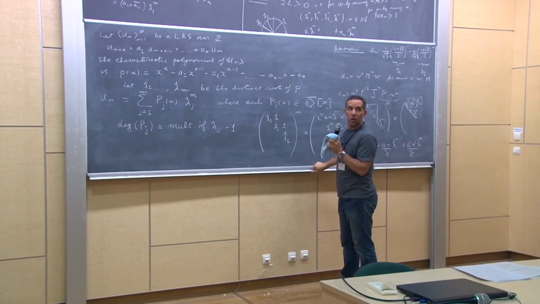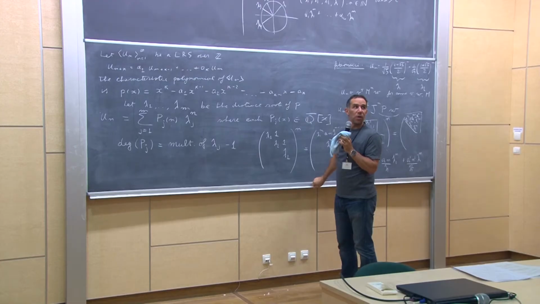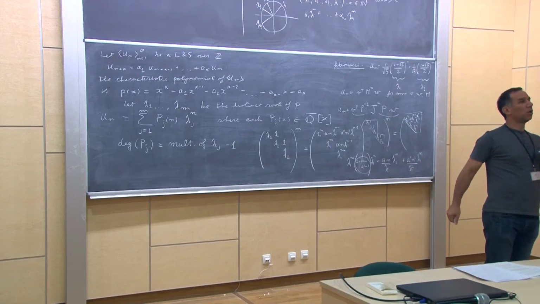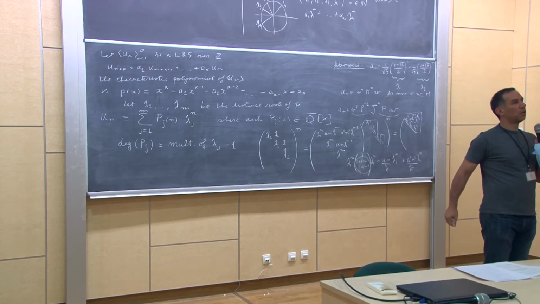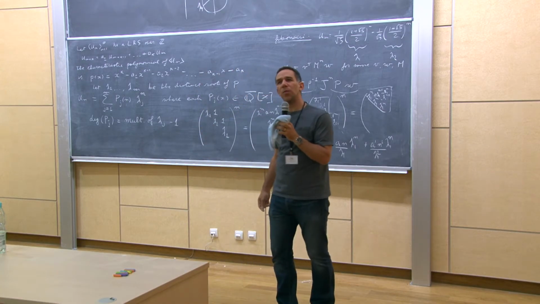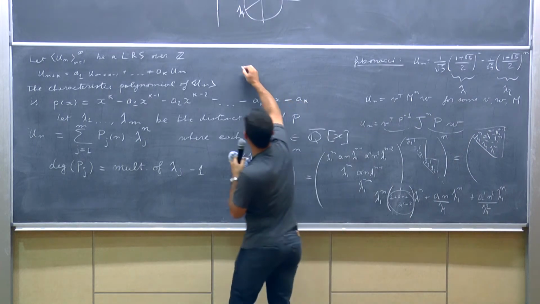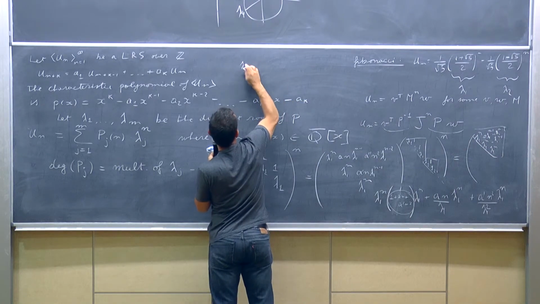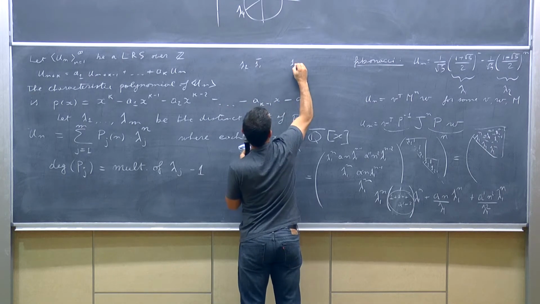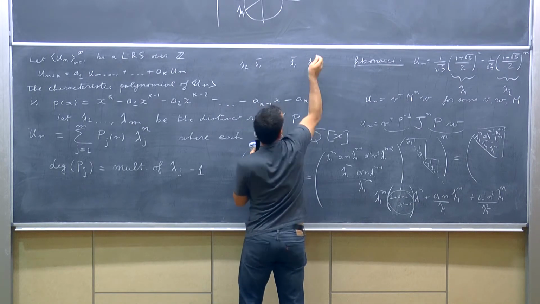How do you show that it doesn't cancel out everything? That it doesn't what? Cancel out everything. If you have, like, in your original set, lambda 1 and lambda 1 bar. Yeah. So I'm not quite sure what you're saying. If in my original set I've got lambda 1 and lambda 1 bar, then here I will have lambda 1 bar and lambda 1.